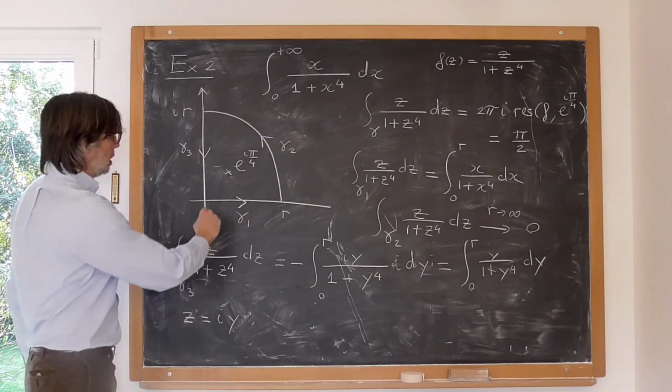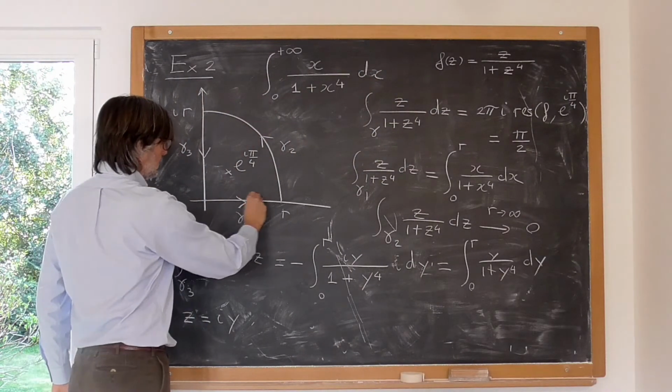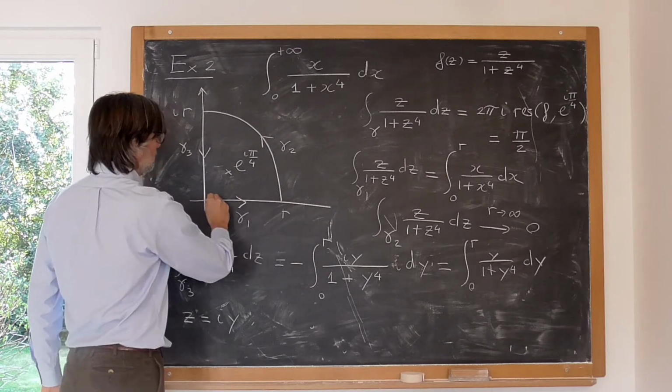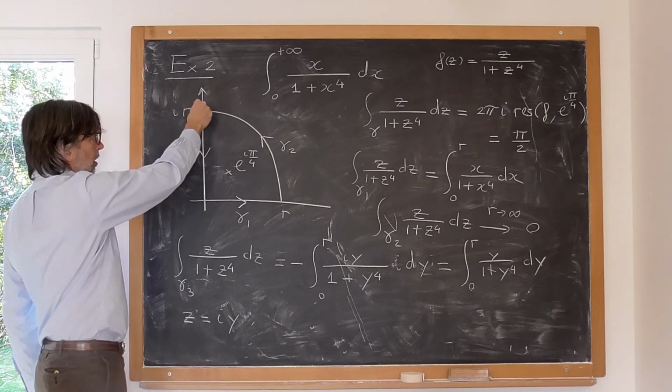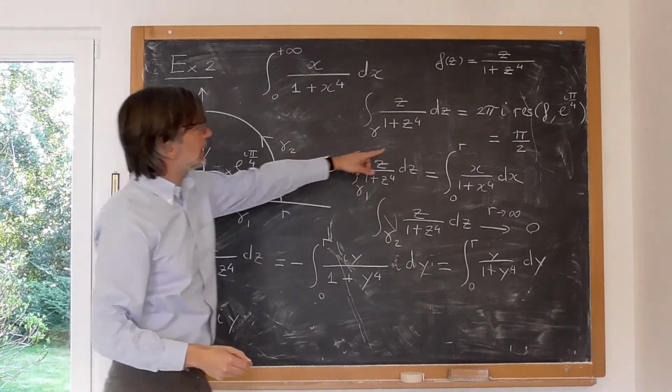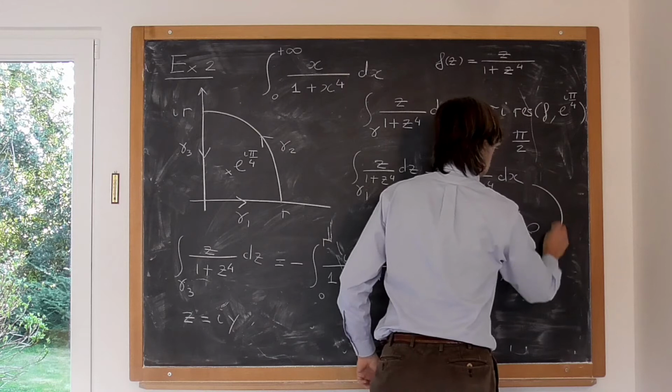So in other words, the integral on this piece of contour, and the integral on this piece of contour, oriented this way, they coincide. So these two things are the same.